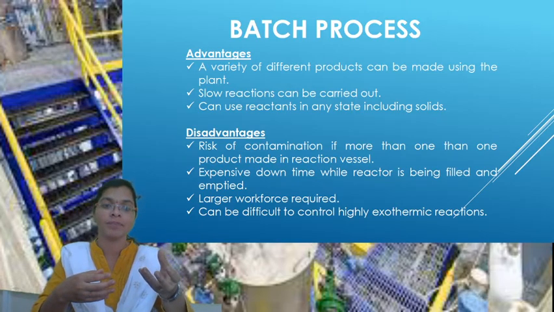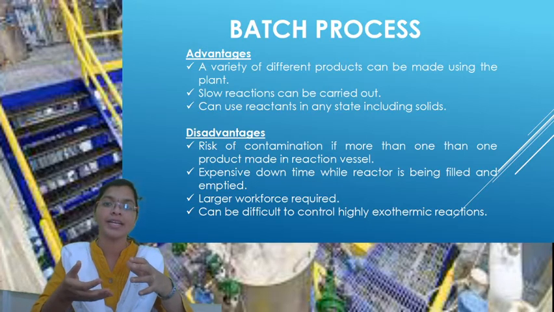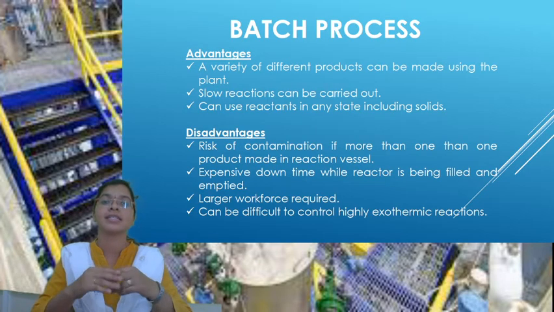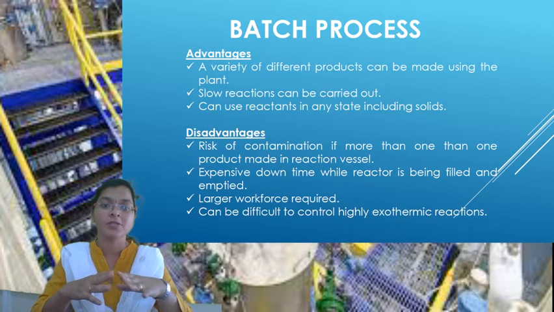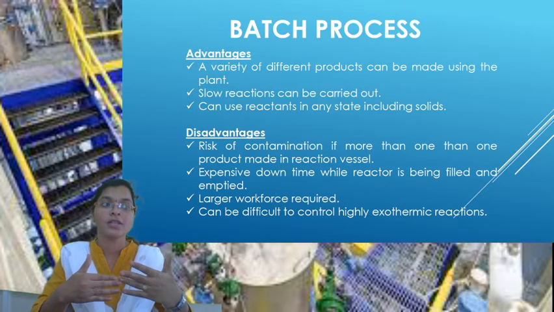In a batch process, we can give that type of solid material also. But all power plants are continuous processes, not batch processes. So that is a main advantage of this batch process: we can give solid materials also.